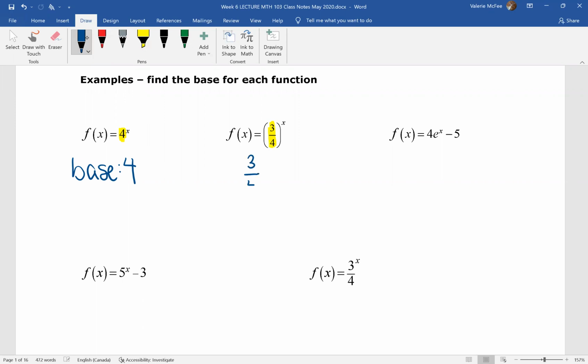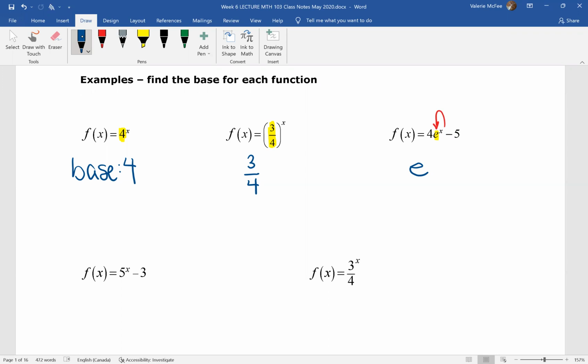So our base is that fraction, 3/4. Identify the base in the next three. Here, I hope you see that the base is e. That exponent x is only applied to e. 4 has its own exponent of +1.